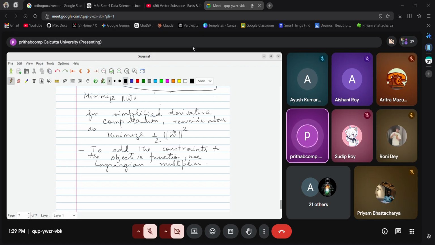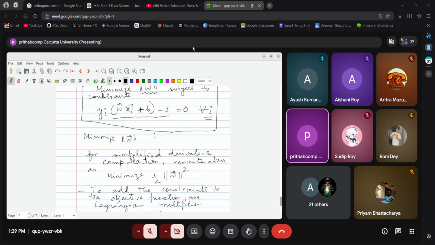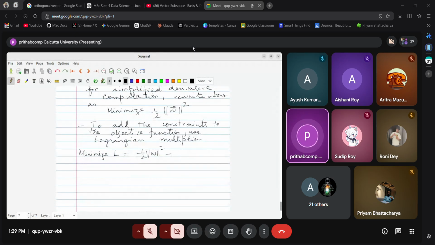And so as a result, what we get is, let's say we are having a new variable, minimize L, where L equals half of this W square minus, when you apply a Lagrangian multiplier, note that here it is written for every I. So for each I we will have a separate Lagrangian multiplier.